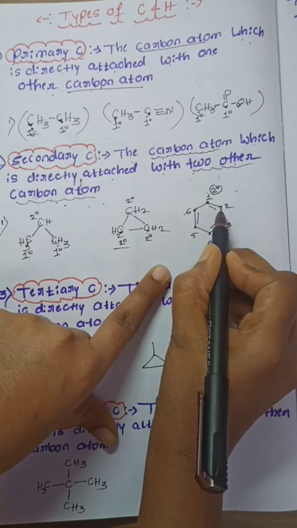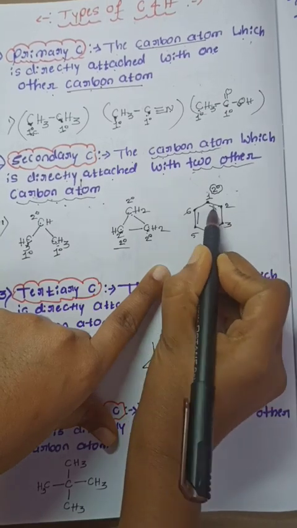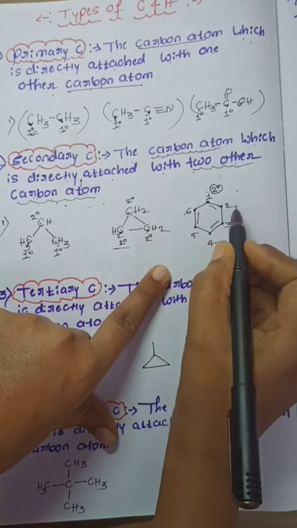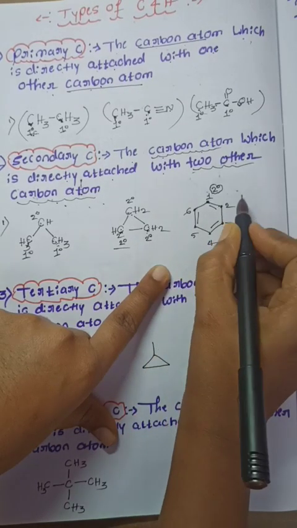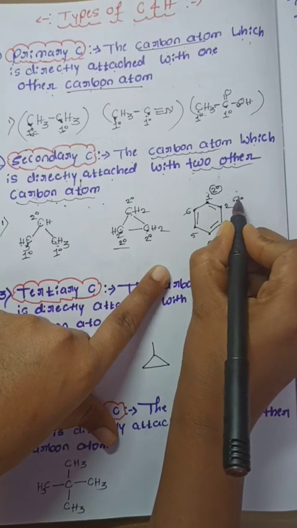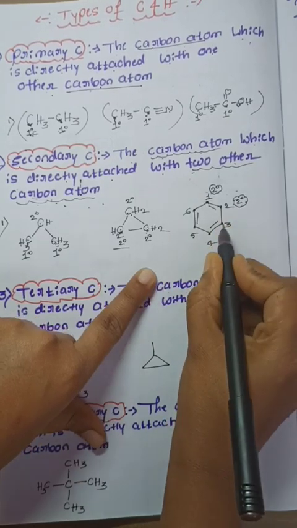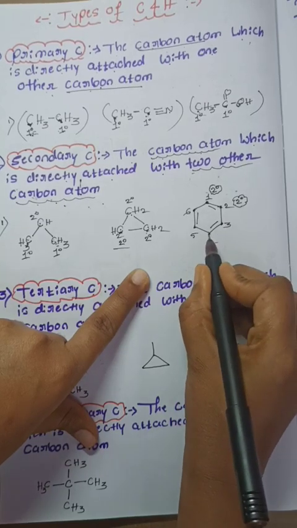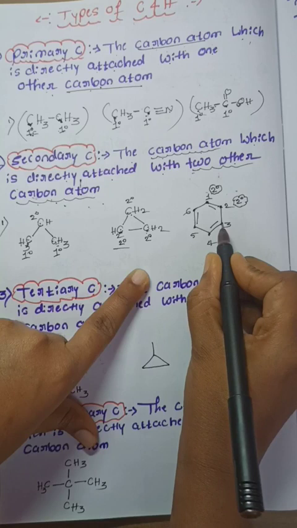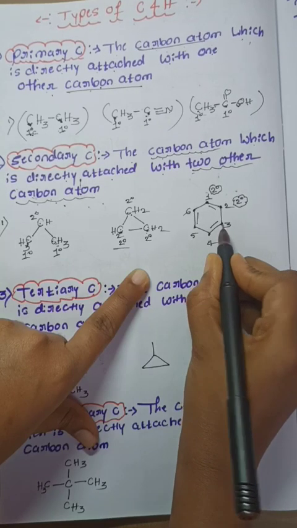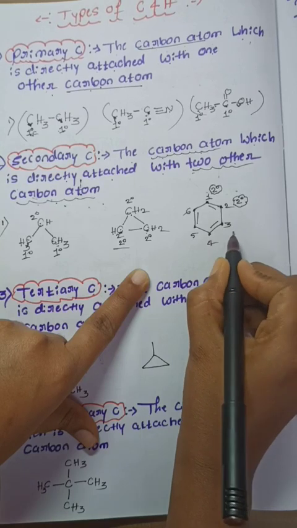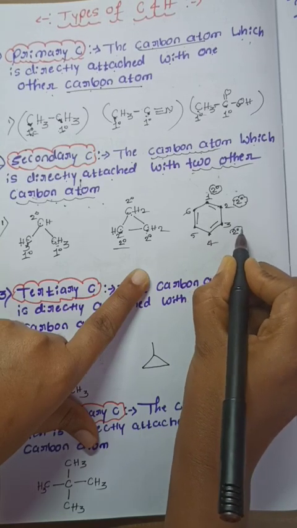Now here also, the second carbon directly makes a bond with the first carbon and with the third carbon, so this second carbon we call secondary carbon. The third carbon also makes a direct bond with two more carbons. Adjacent to the third carbon how many carbons are there? Two carbons, so this third carbon is also secondary carbon.